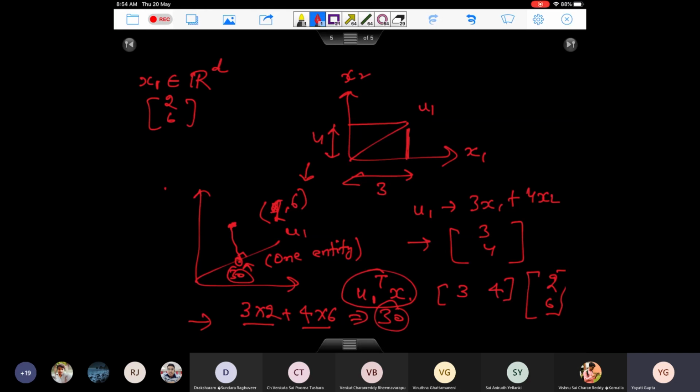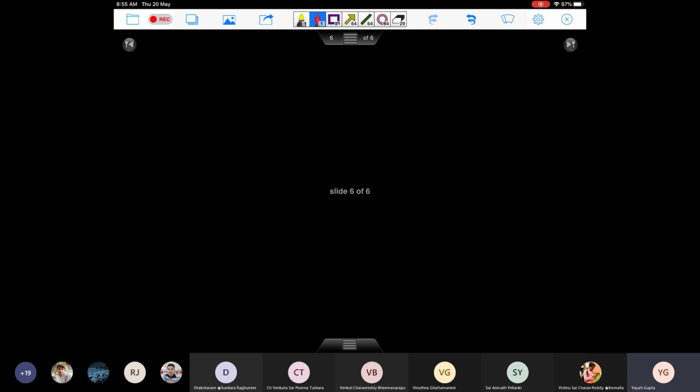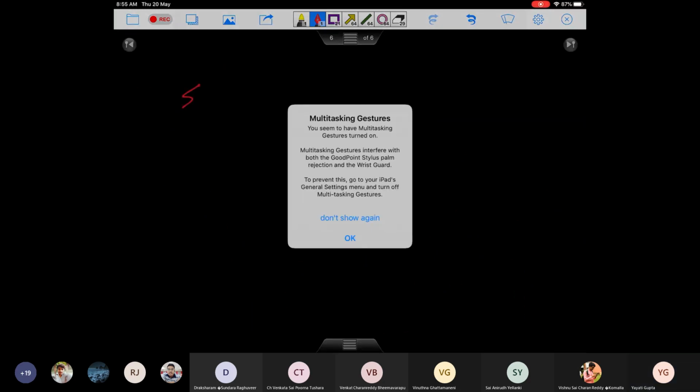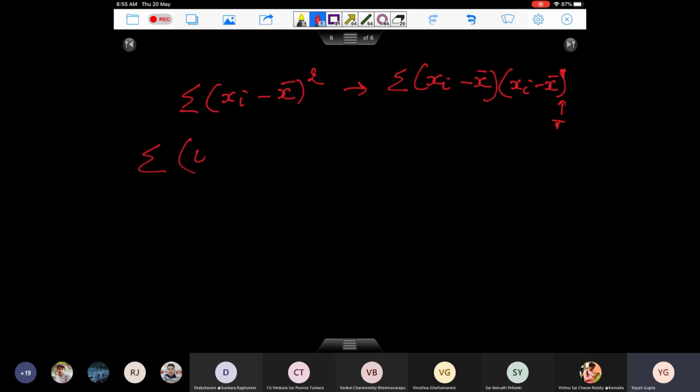So if we want to maximize the variance in our projected space, what are we going to do? If this is the variance in the original space, which you can write like this, with a transpose term, then the variance in the projected space would be u transpose xi minus u transpose x bar.